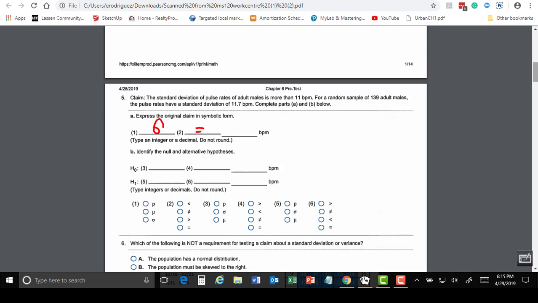Okay, now what do you think we put as what we're testing? Well, this is going to be 11.7. Now, do we want to show if it's greater than in the alternative or less than? In this case, it says more than 11.